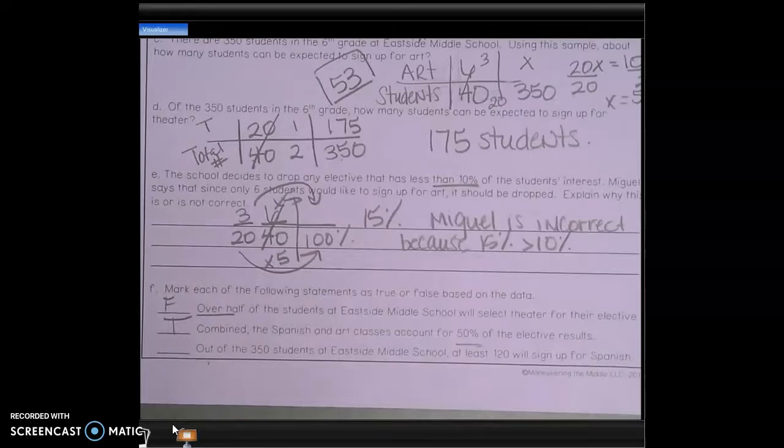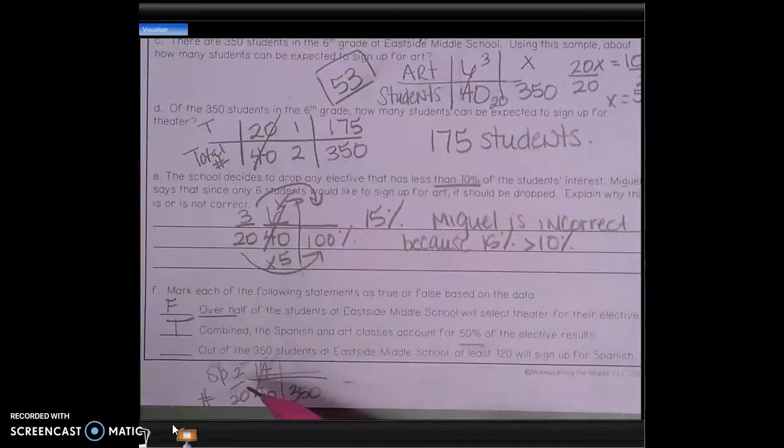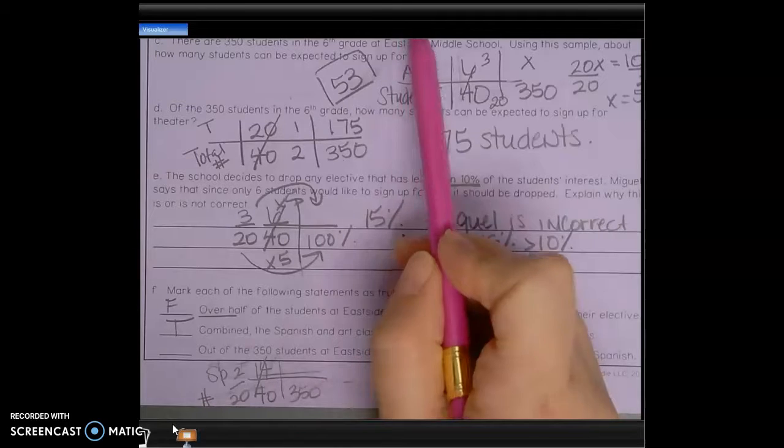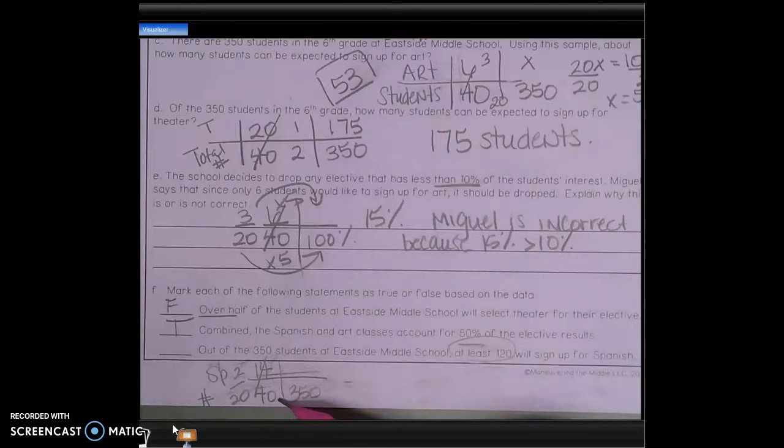And out of the 350 students at Eastside Middle School, at least 120 will sign up for Spanish. So let's see, okay guys, let's double check that we set up this proportion correctly. So remember, we are trying to figure out if at least 120 people will sign up for Spanish. So our sample has 14 out of 40 students signing up for Spanish.